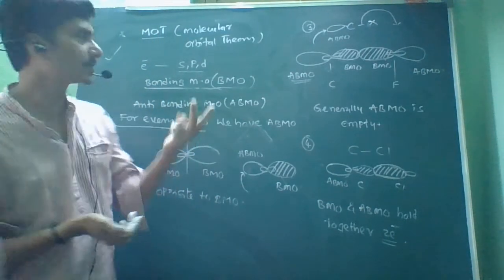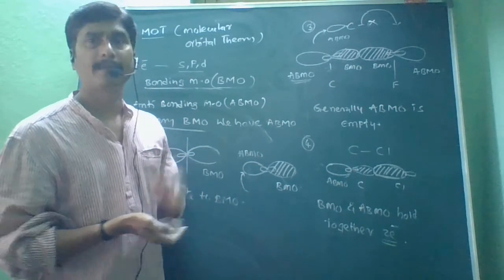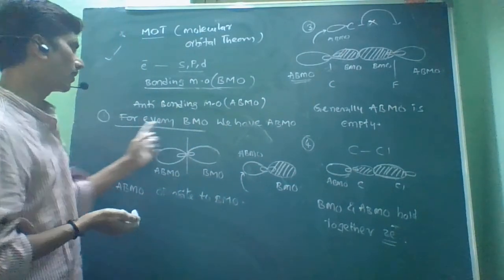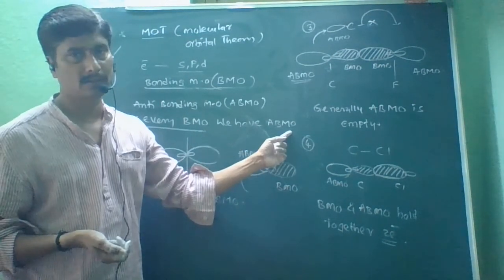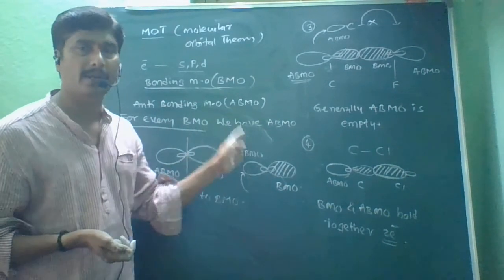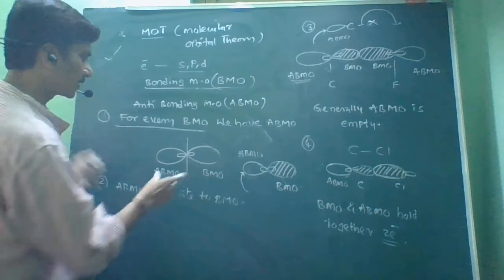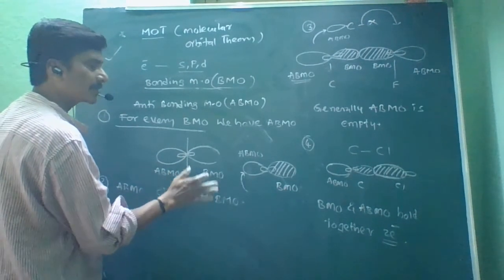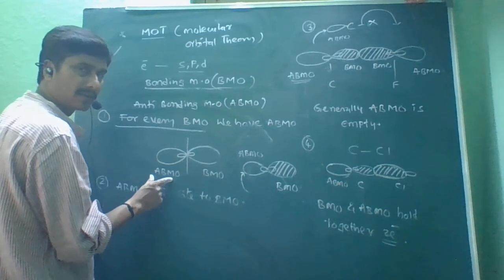These are of two types, bonding and anti-bonding molecular orbitals. For every bonding molecular orbital, we have a corresponding anti-bonding molecular orbital. For every BMO, the corresponding ABMO is present.